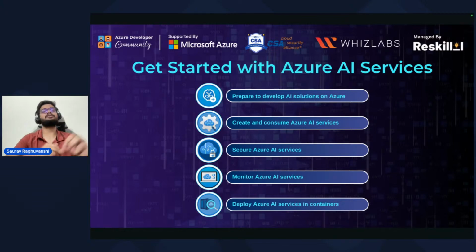Enterprises will only use AI solutions when they feel their data is secure with the cloud provider or within the enterprise, and that it cannot be exploited. So these things become critical, and that's why at the start of the session we should talk about security, and that's what we are going to do.